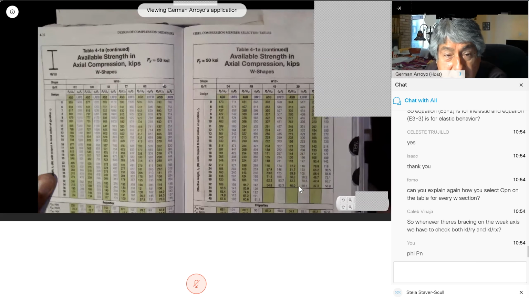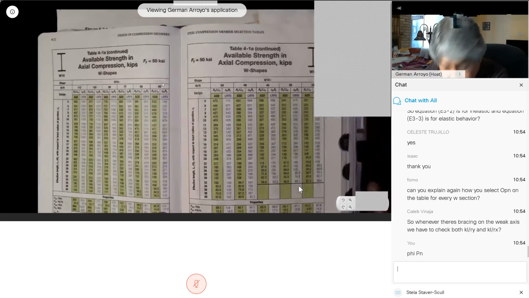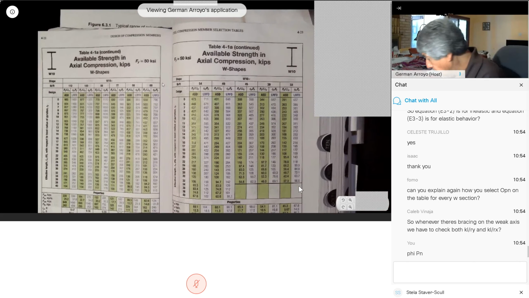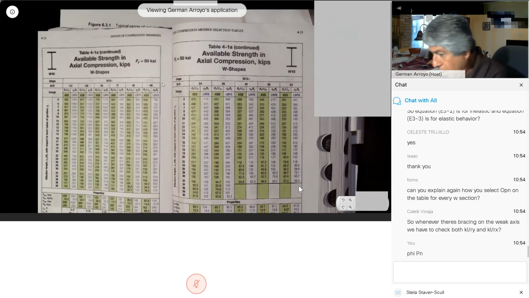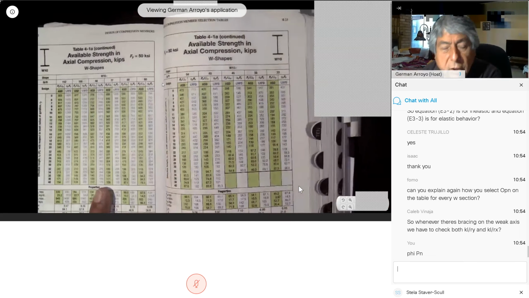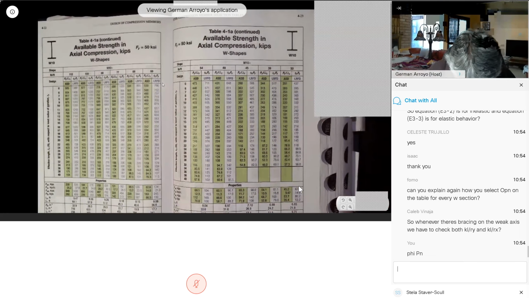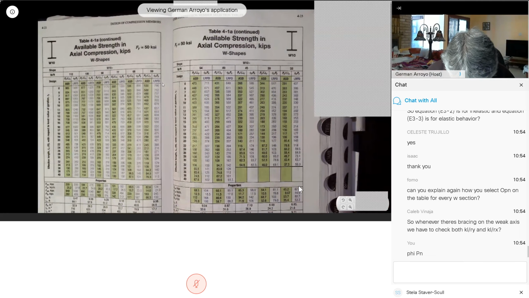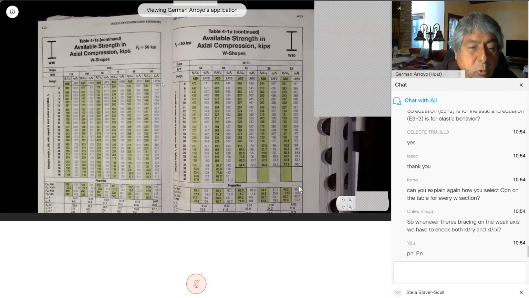And I don't know if somebody was asking about this or a different question. But to use this table, today we had a case when KLy was equal to 8 feet. And this table is here only for the weak axis.